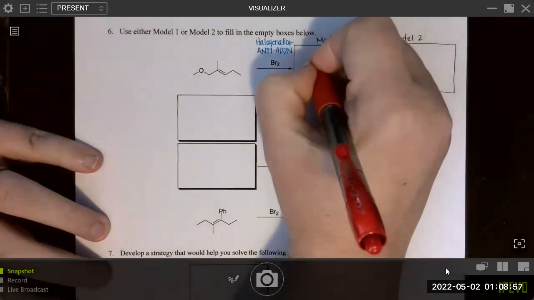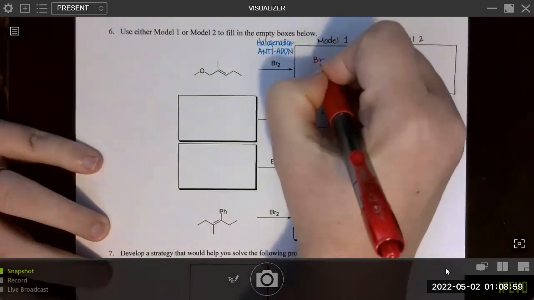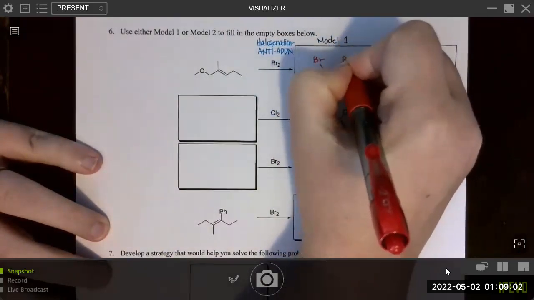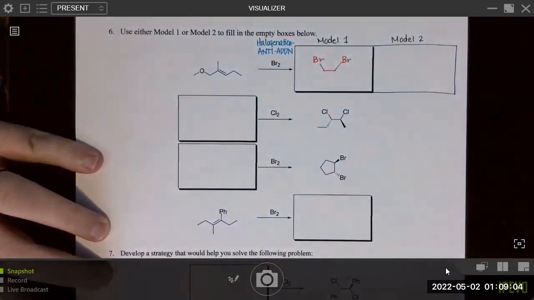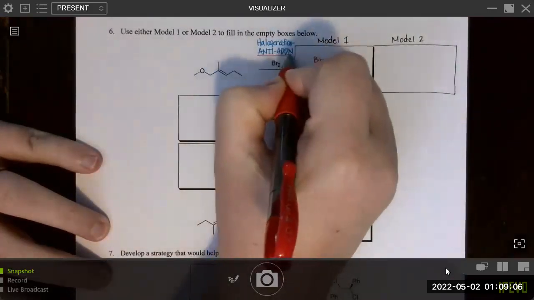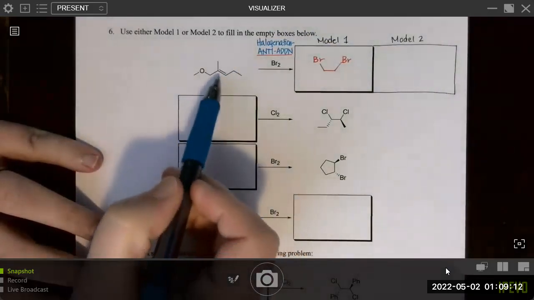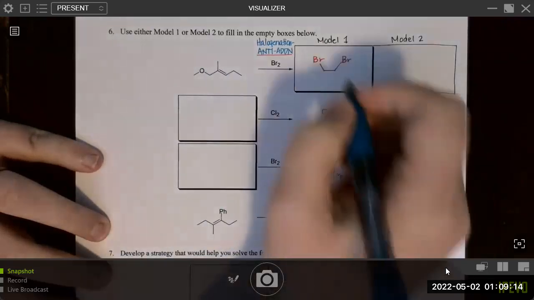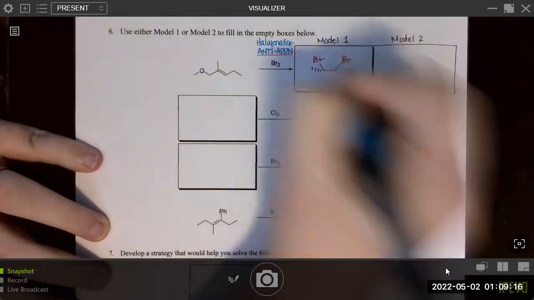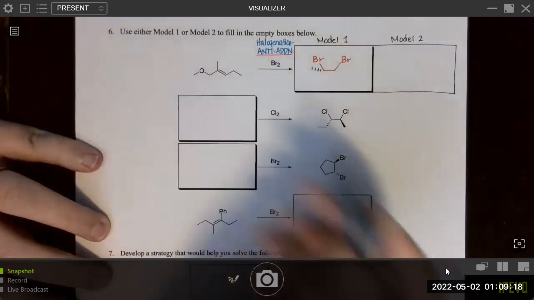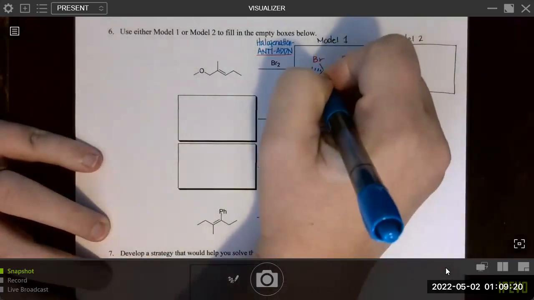So we'll go ahead and add in the 2 bromines getting added across the double bond. Remember that we need to make sure we do anti-addition here. So we are going to add in these groups. If it's pointed this way, we'll just have that methyl pointed back, and then this group will be coming out at us.